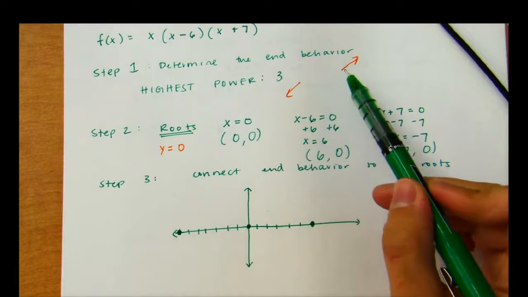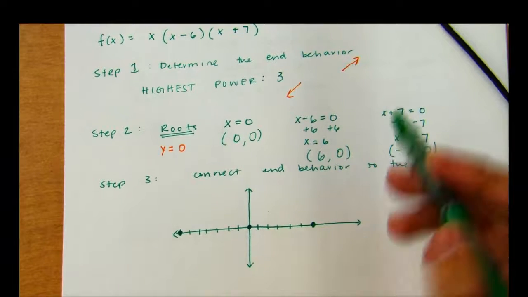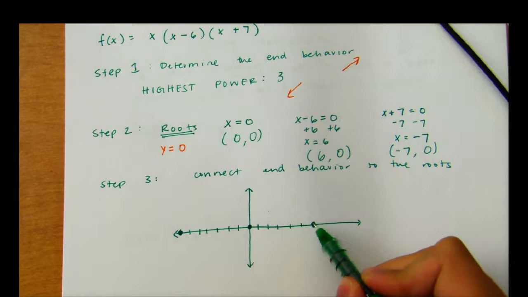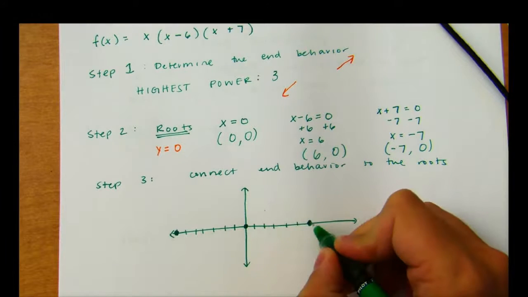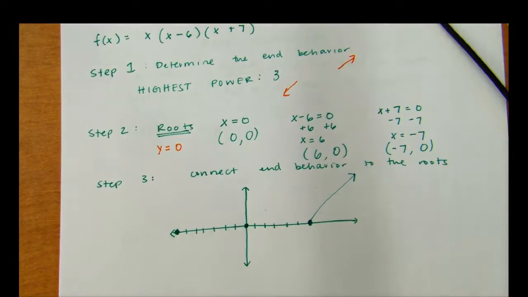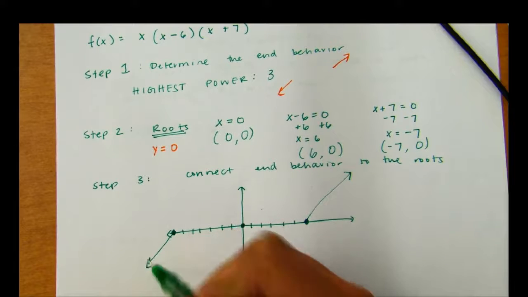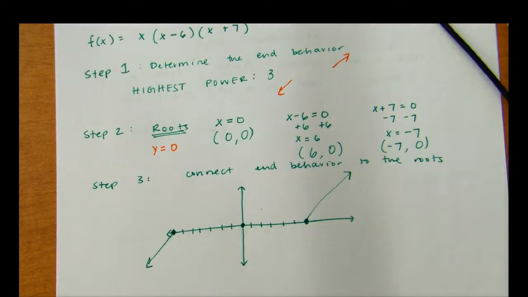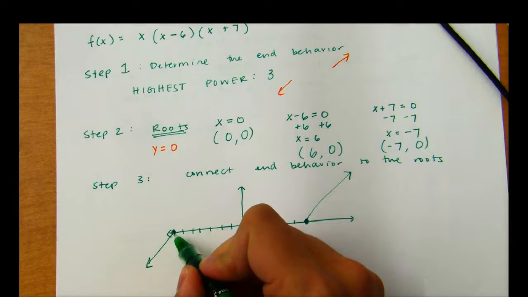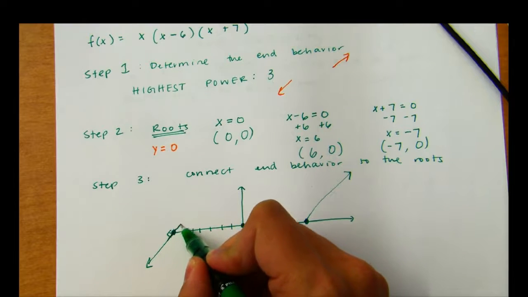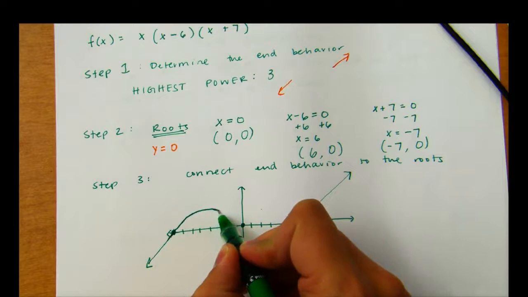Now I'm going to set up my end behavior. So my ends are going to come from the last roots on either side. So the rightmost root, my end goes up. The leftmost root, my end goes down. And now I'm going to connect my roots. I've got to kind of follow the curve of the line. So this end is going up and through.